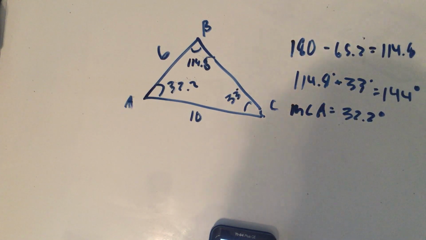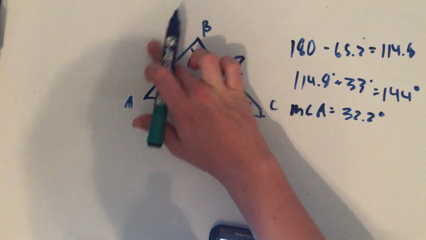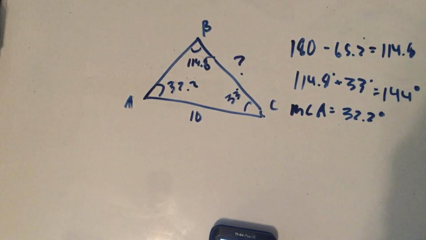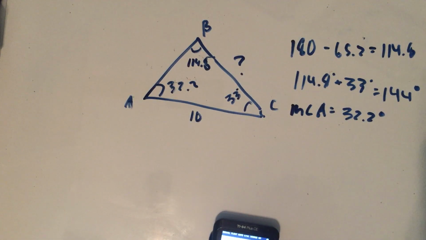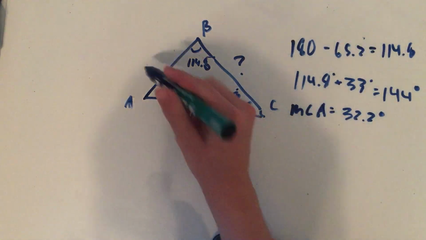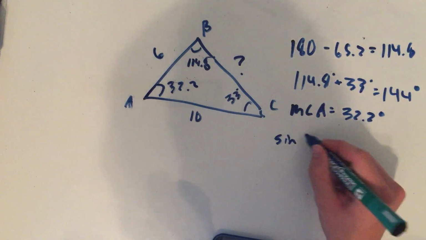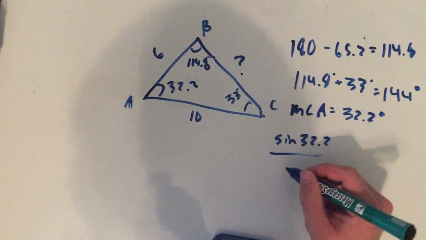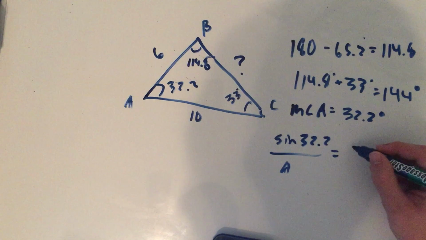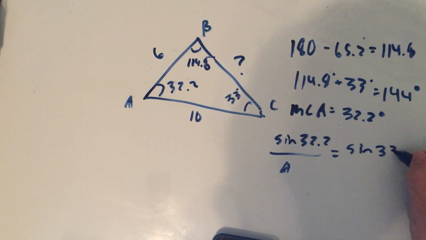We know there are two cases, but now all that's left is to finish solving for these values. We know this, so we just have to solve for a. So sine of 32.2 over a equals sine of 33 over 6.